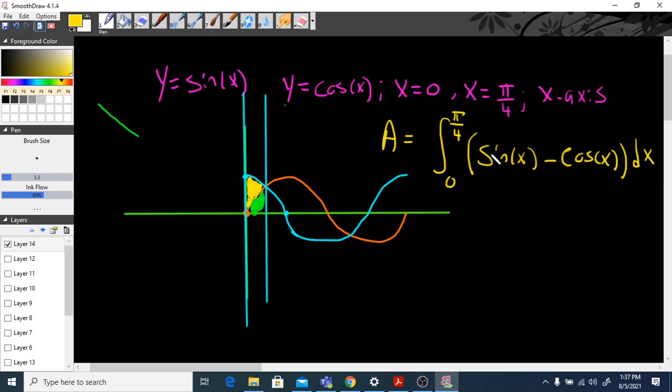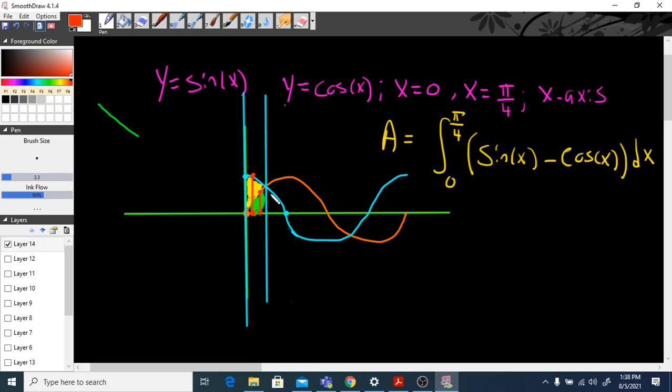Now what we want is actually something a little different. We want the volume of this thing when we spin it around the x-axis. Again, we have two curves here, so we need to keep that in mind. When we spin this whole thing around, there is going to be an outer radius, which is this one, and then an inner radius, which is this one.